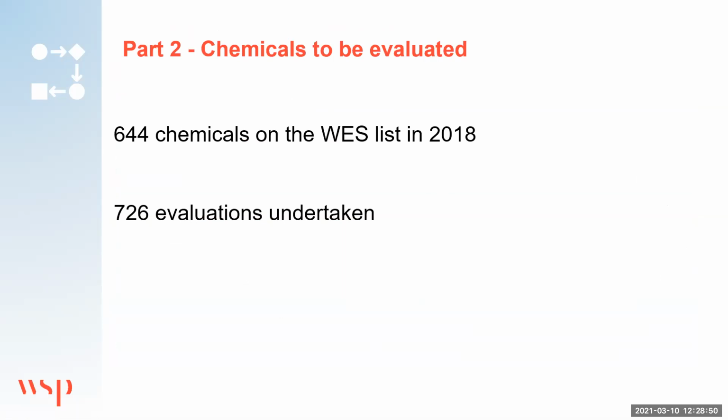Again, we WSP weren't involved in this selection process, and I'm not 100% sure about these numbers, but I'm pretty sure that there were 644 chemicals on the WES list in 2018. There ended up being 726 evaluations undertaken, so there were some added to that 644.